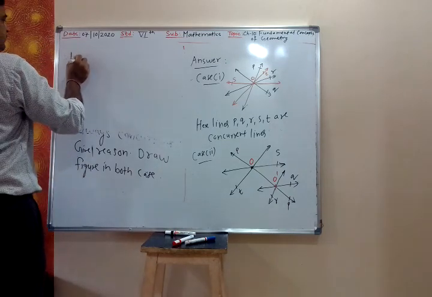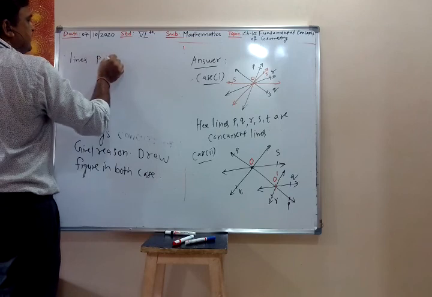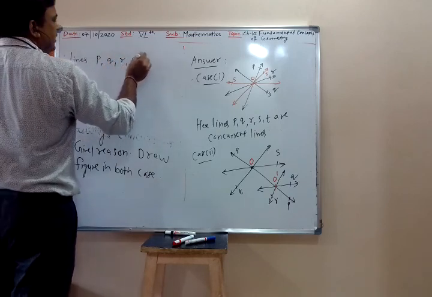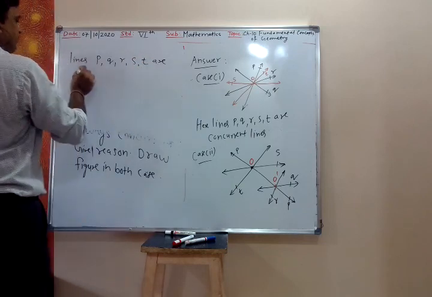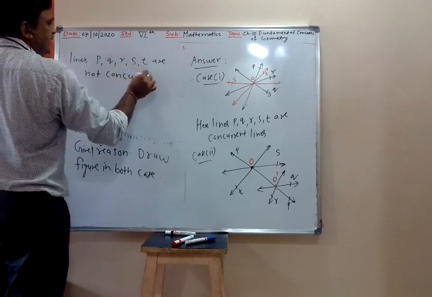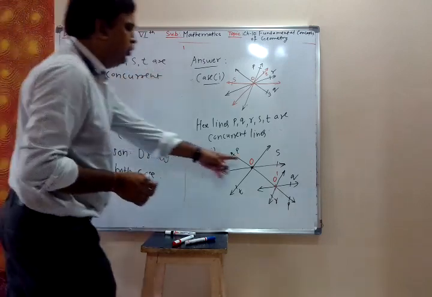Lines PQRST are not concurrent because they meet each other at two different points, O and O dash.